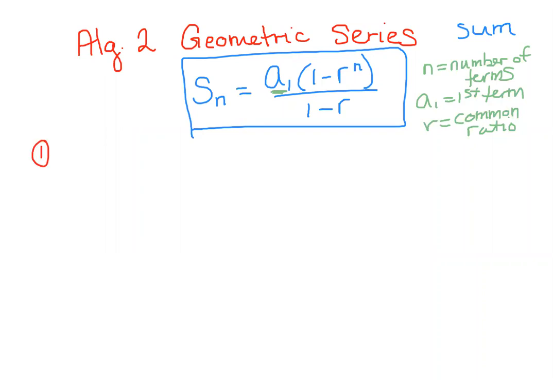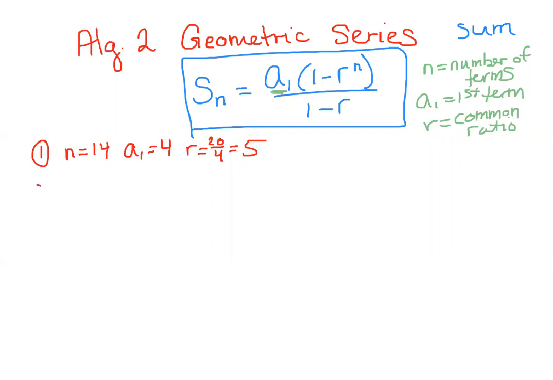Number 1, okay, these are all geometric, we don't have to check. So we're looking for n is 14. That's how many terms we're going to add up, because it asks for S14. A1 is 4, and r is 5.